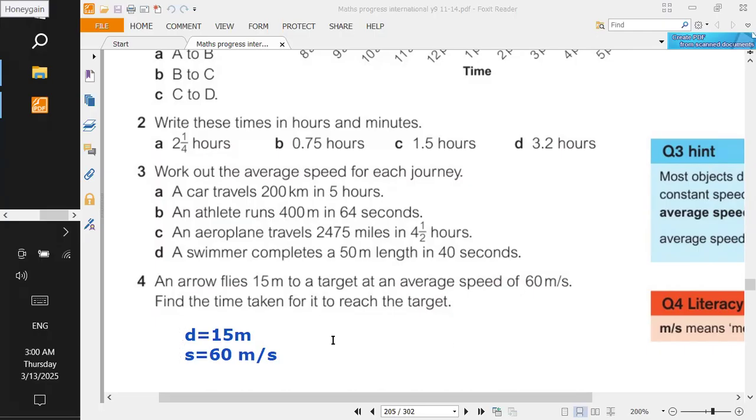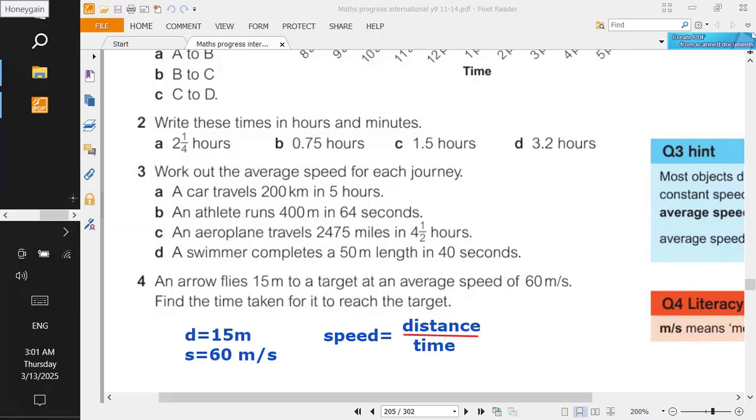Now I want to find the time. First, we need to know the formula of the speed. Speed equals what? Or average speed equals, very good, distance over time. This means that I'm going to use this formula, substitute the numbers that I have, and find the time.